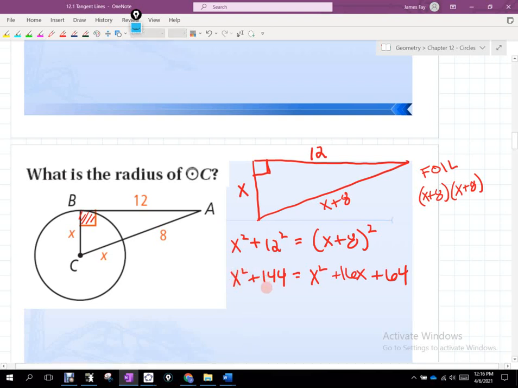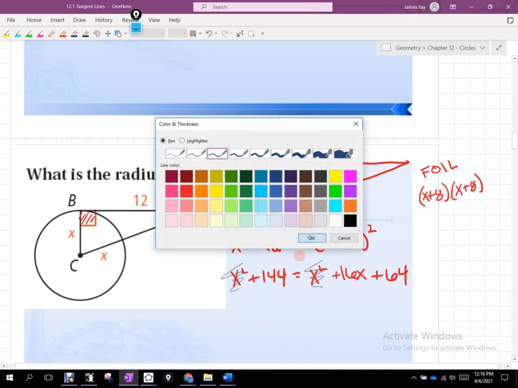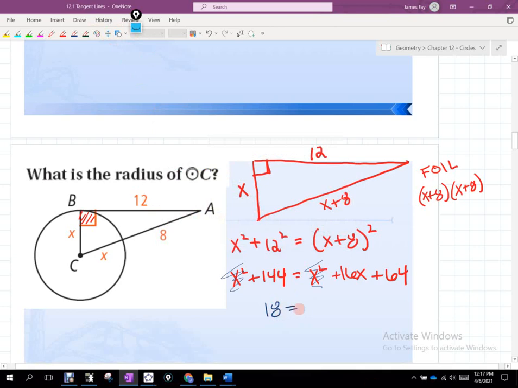The nice thing about this question, though, is the x squareds shouldn't end up canceling each other out, right? I can subtract 64 from both sides, and we get 80 equals 16x. Or sorry, 80. I don't know why I said 18. 80 equals 16x.